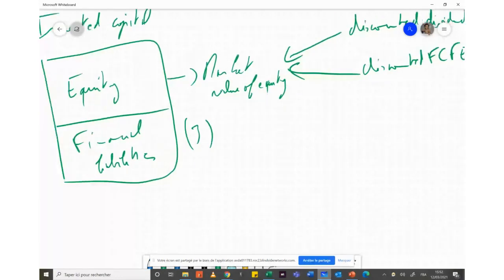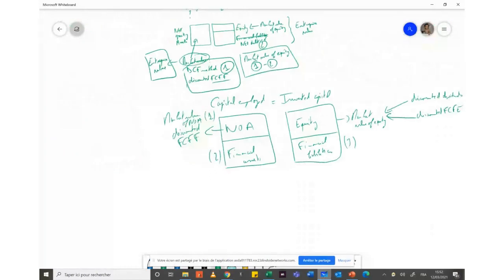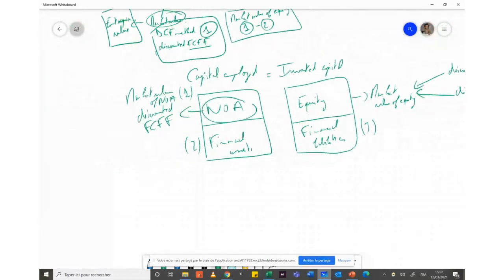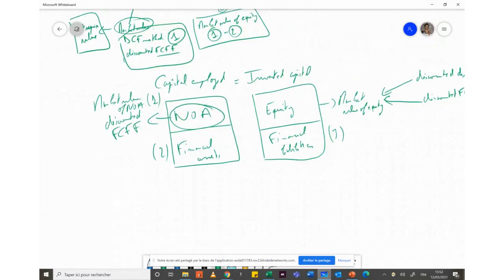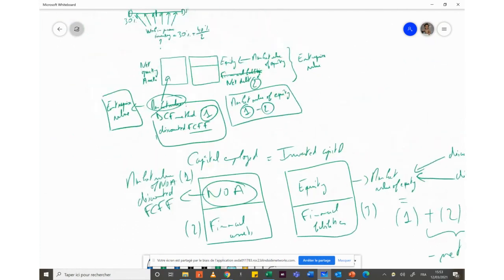And here we use indirect methods, methods starting with the net operating assets. So what we want is to have the market value thanks to 1 plus 2 minus 3. And this one means minus the net debt. Okay, so this is what we use here.